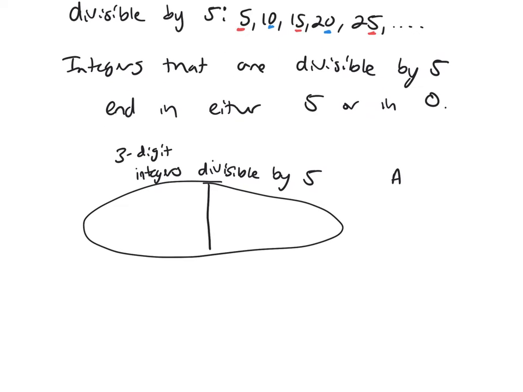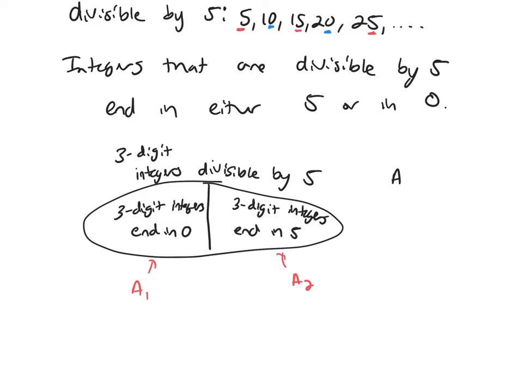We have 3-digit integers that end in 0, and we have 3-digit integers that end in 5. So these would be subsets of this bigger set. We'll call the first one A1 and the second one the subset A2.